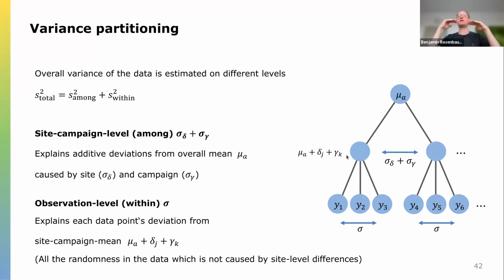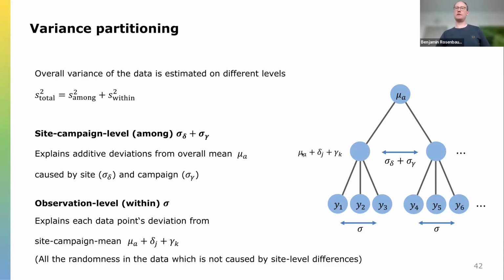Here they are both on the same level, right? So it's not that site is more important than campaign or the other way around. You have some deviation per site and you also have some deviation per campaign, and they just add up. So you see this in this formula, it's mu A plus the site level deviation plus the campaign level variation.